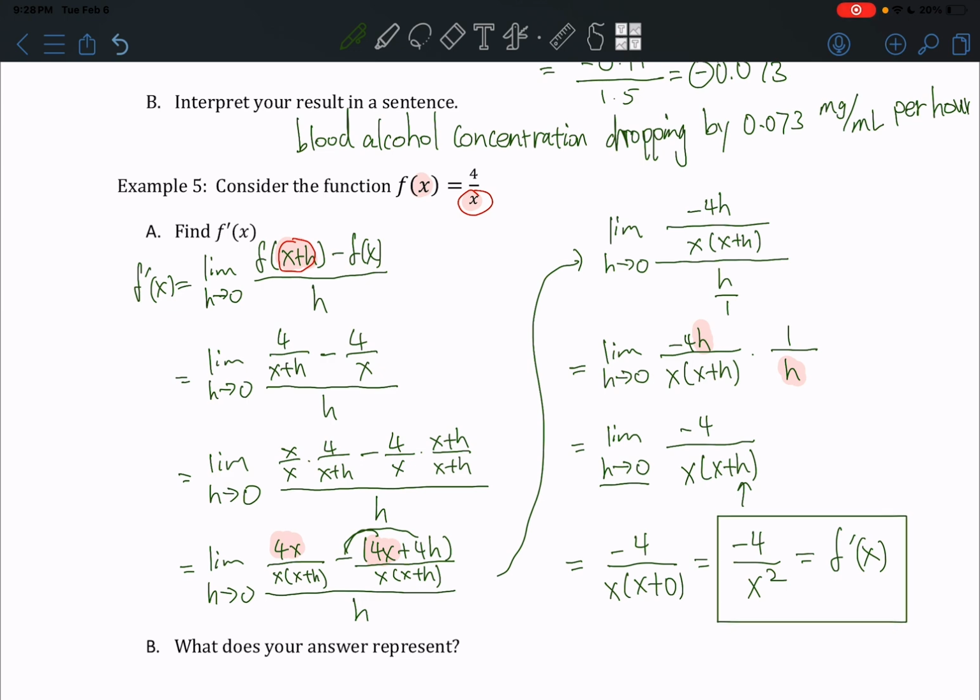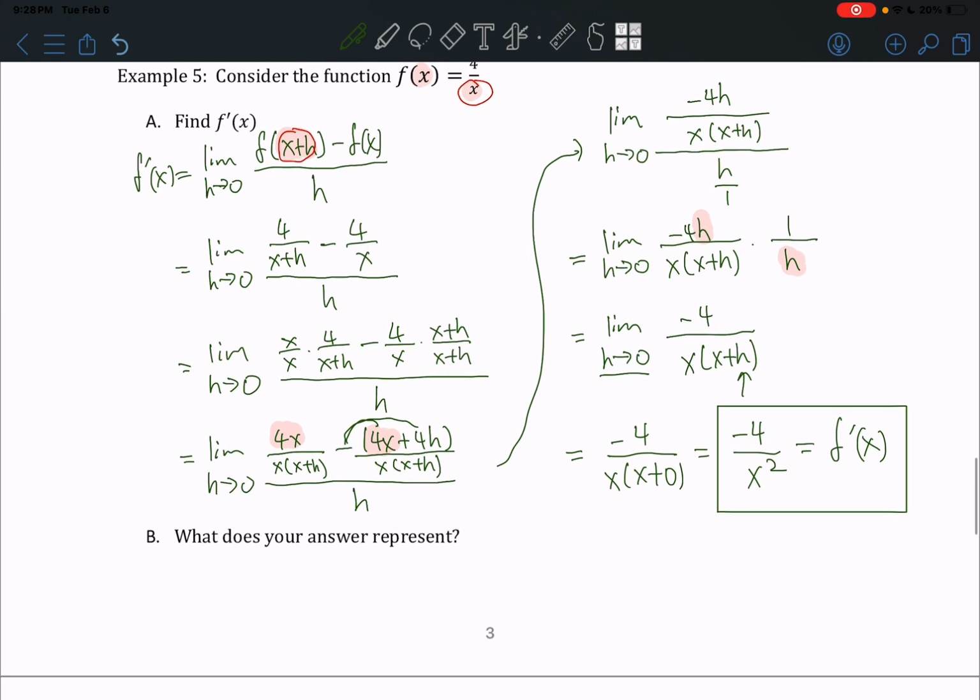Now, last question. What does the answer represent? Well, this is the instantaneous rate of change of f of x at any x value in the domain of f.